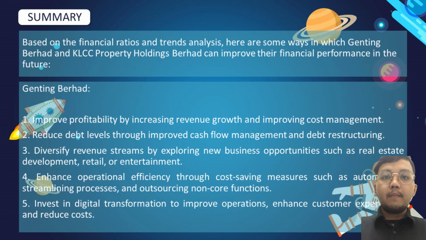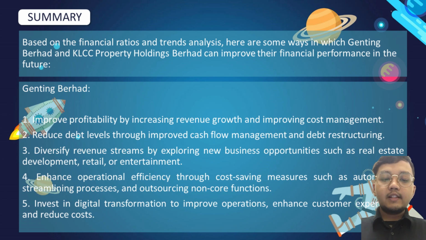For summary, based on the financial ratios and trend analysis, here are some ways in which Genting Berhad and KLCC Property Holding Berhad can improve their financial performance in the future. For Genting Berhad: first, improve profitability by increasing revenue growth and improving cost management. Second, reduce debt levels through improved cash flow management and debt restructuring.